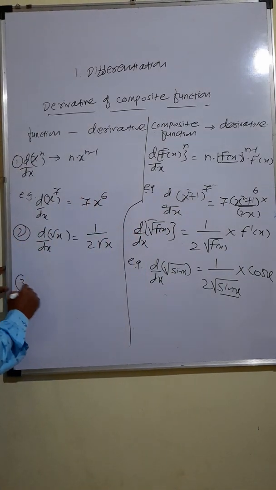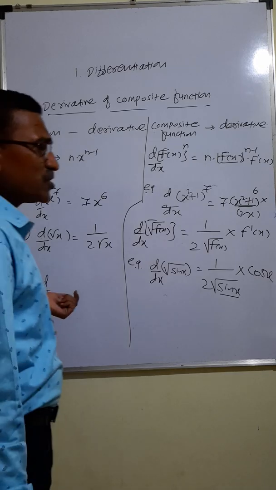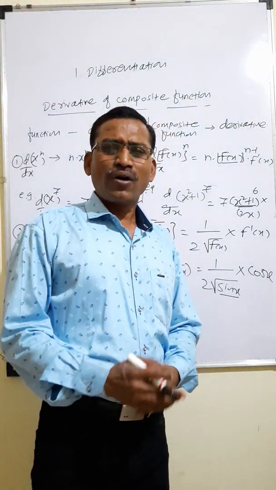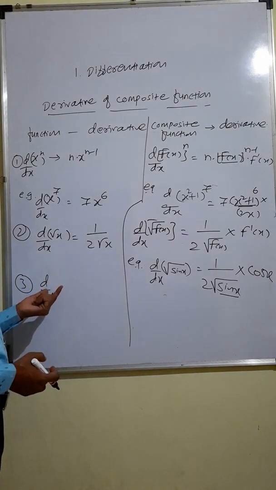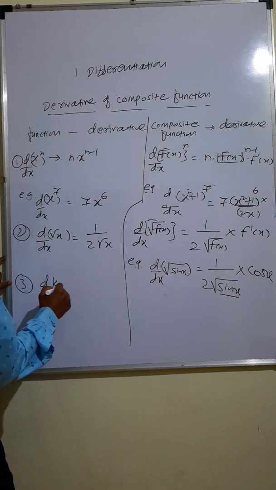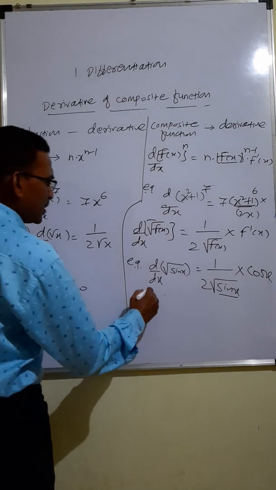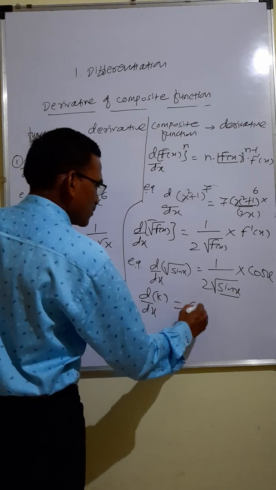So third, the derivative of a constant function is 0. Same way, the derivative of our function k, a constant, is 0. So the derivative of constant k is equal to 0.